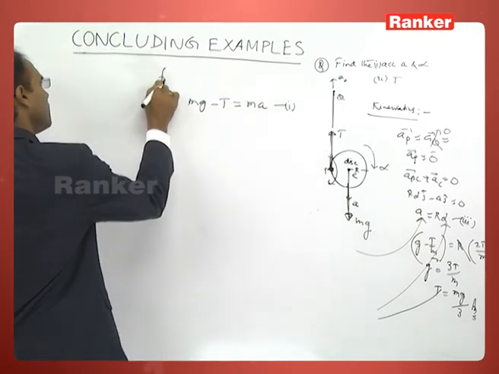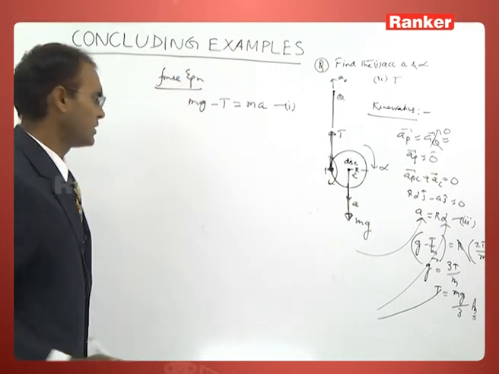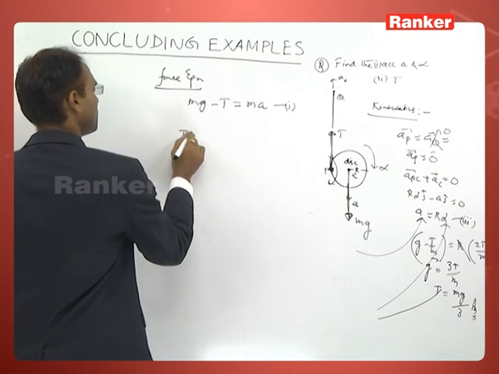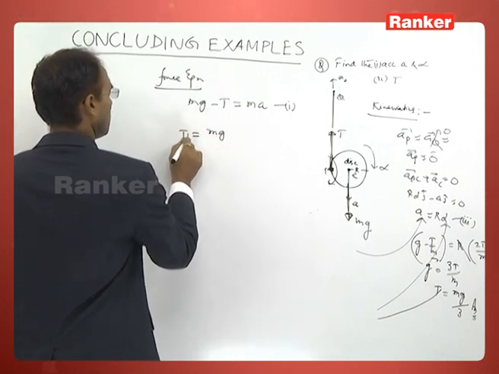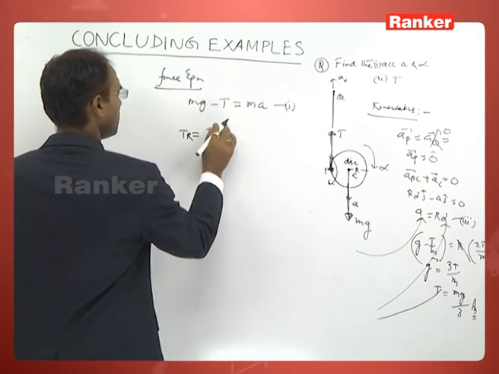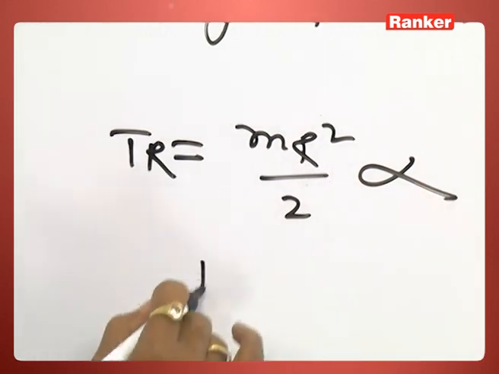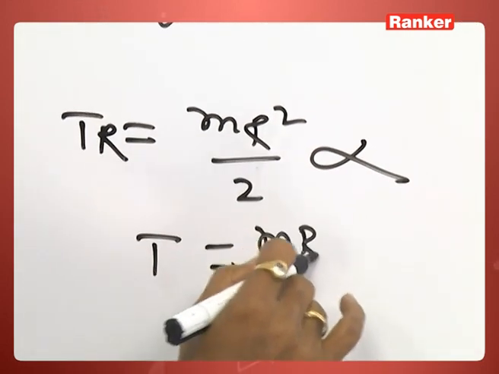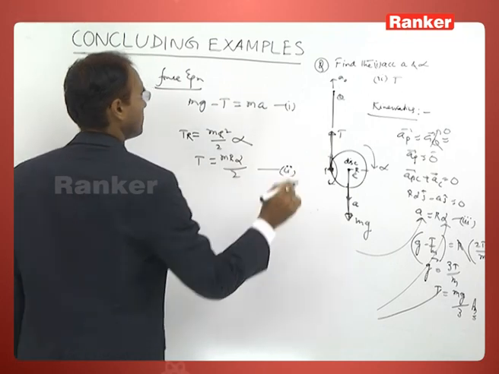Force equation, and the torque equation gives us T into R is equal to mr square by 2 into alpha. So T is equal to mr alpha by 2. These two equations as it is, no change.